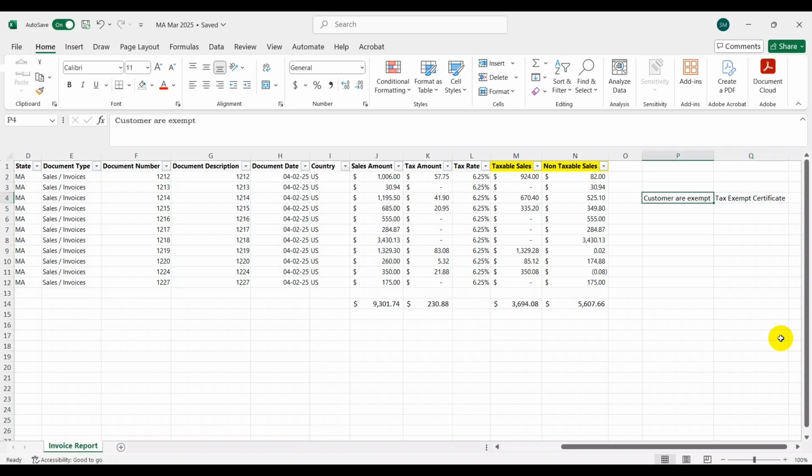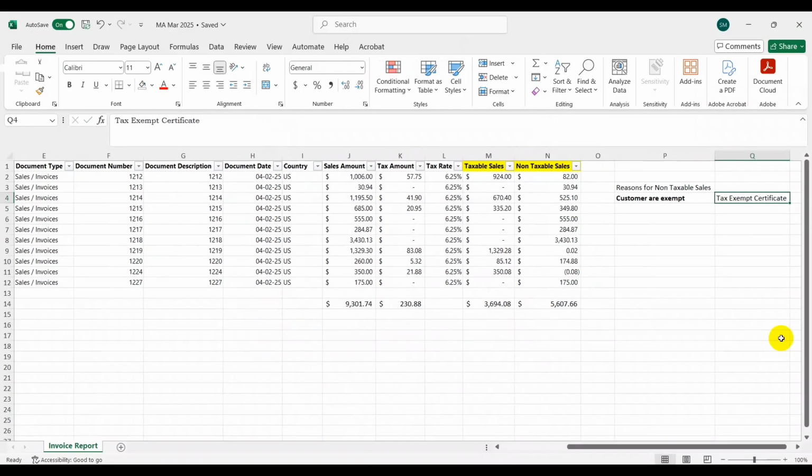So the reasons for non-taxable sales could be two. The first one: customers provide us a tax exempt certificate.